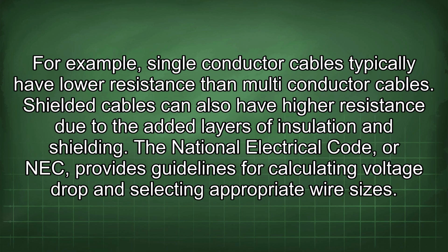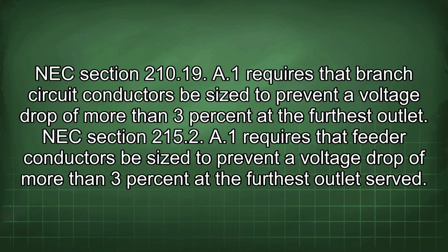The National Electrical Code, or NEC, provides guidelines for calculating voltage drop and selecting appropriate wire sizes. NEC Section 210.19(A)(1) requires that branch circuit conductors be sized to prevent a voltage drop of more than 3% at the furthest outlet. NEC Section 215.2(A)(1) requires that feeder conductors be sized to prevent a voltage drop of more than 3% to the furthest outlet served.